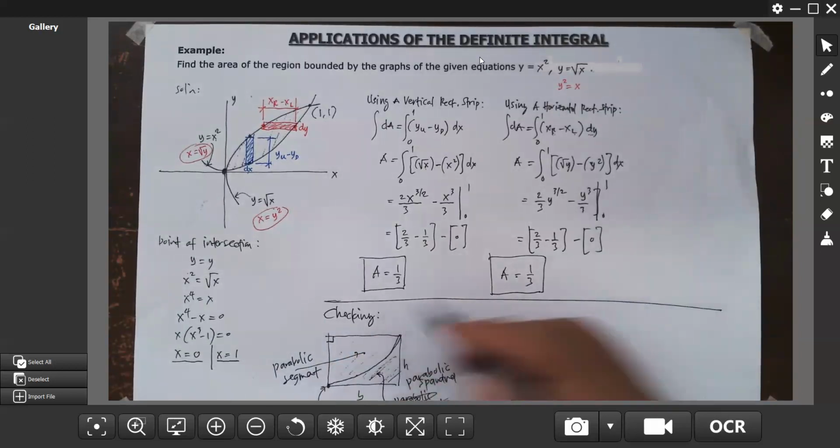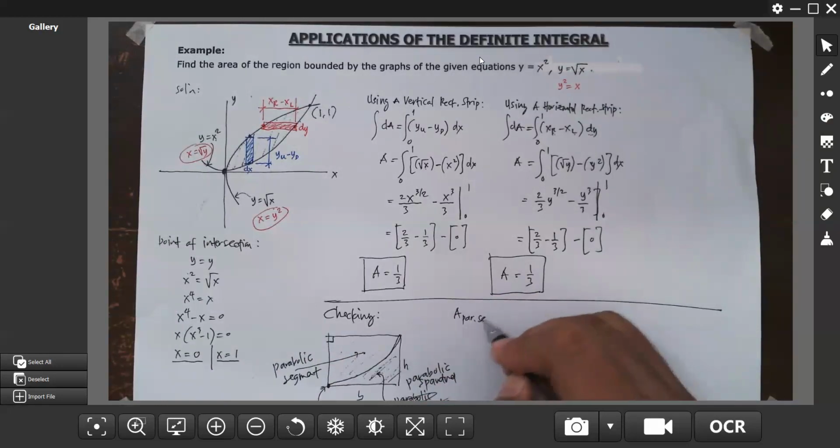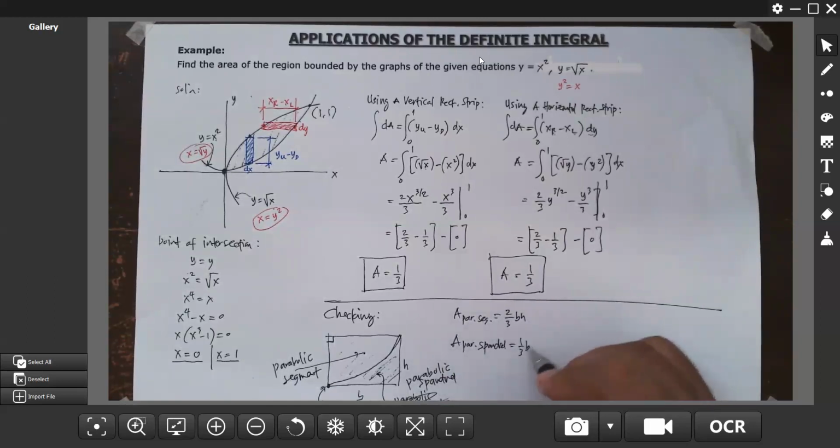Now, the area of a parabolic segment is 2/3 BH, while the area of a parabolic spandrel is 1/3 BH.